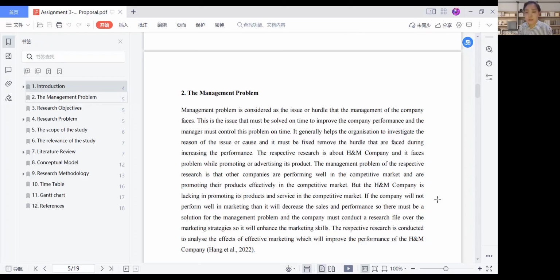The respective research is conducted to analyze the activities of social media marketing which will improve the performance of the H&M company.